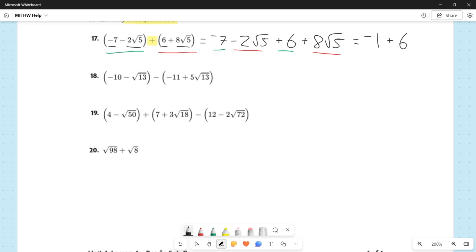Just like you would include the x, we're going to include the root 5 because we essentially have 6 root 5s. Technically, we should also check that we cannot simplify root 5. We can't, so root 5 is as simple as it gets, which means this is our final answer. And as predicted, our final answer looks like one of the two original numbers, where you have an integer part and an irrational part.